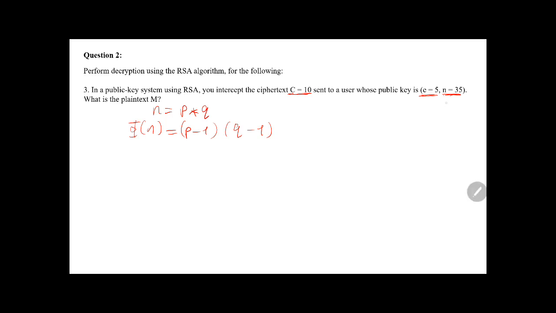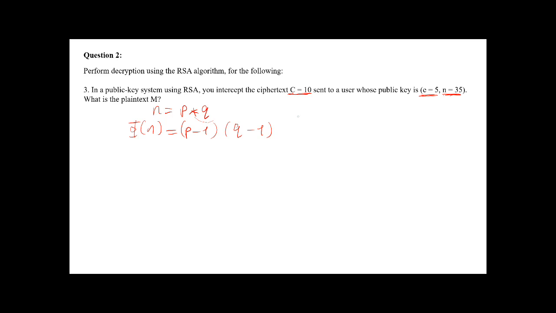It's that here we have the value of N, which is 35, but we don't have the value of the P and the Q. So here, remember that P and Q are two prime numbers. So there is only one solution for this problem. We get the values of P and Q by trial and error. We find two prime numbers whose multiplication is equal to 35.